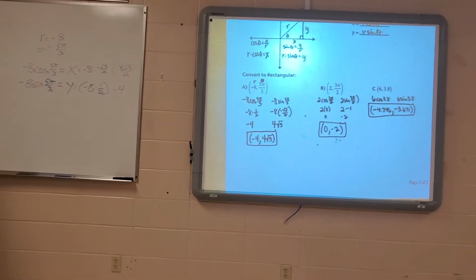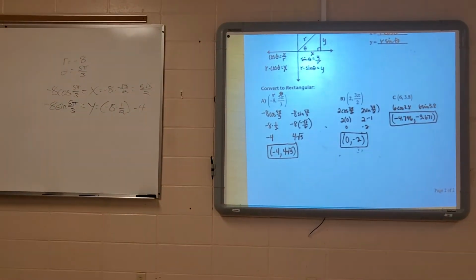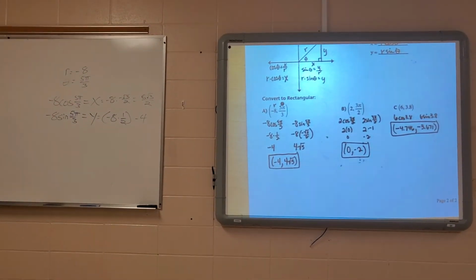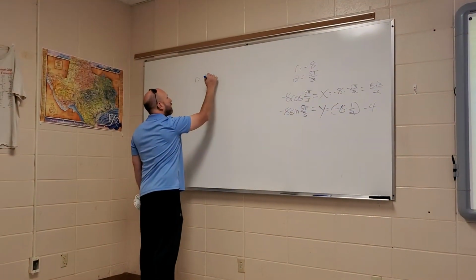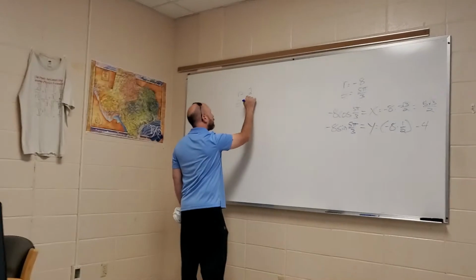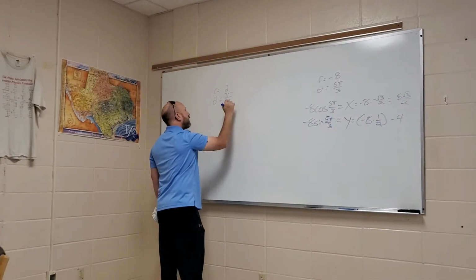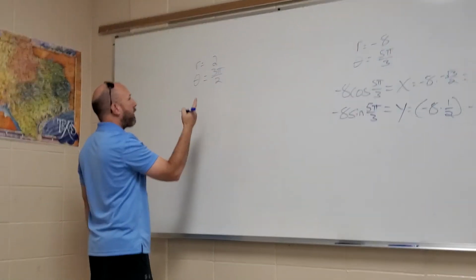Okay? Pretty simple. Not too bad. Again, this goes back to the unit circle. So let's look at this other one. r is 2 and theta is, what is it, 3 pi over 2? Okay, so same thing. r cosine theta and r sine theta.